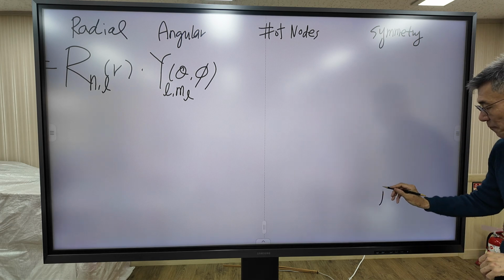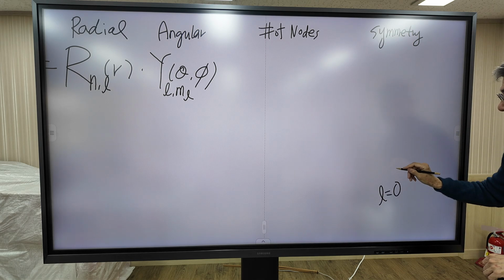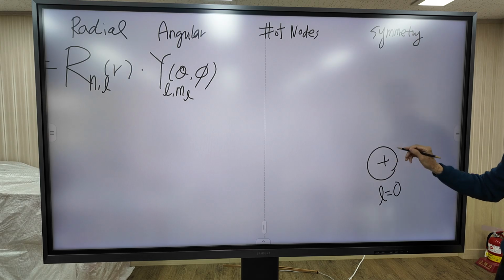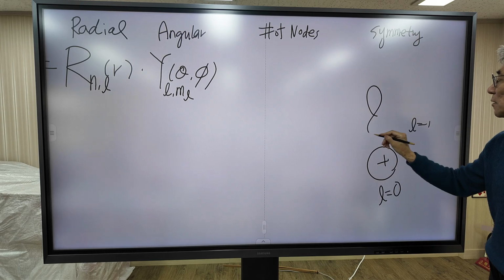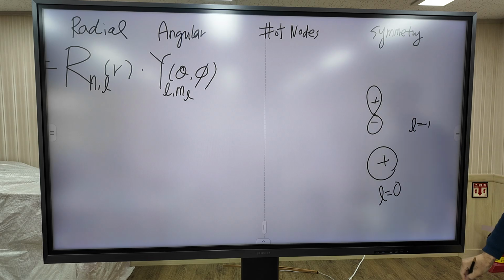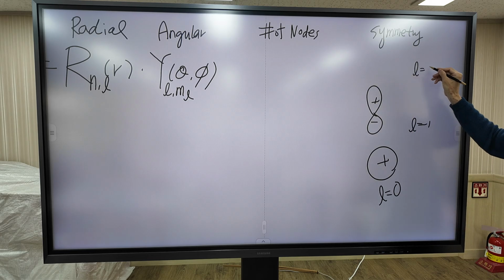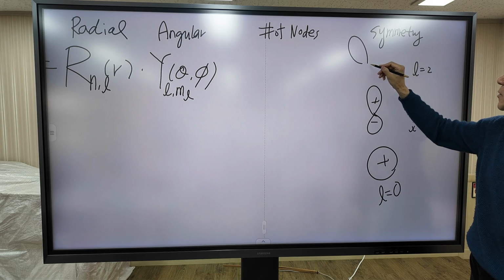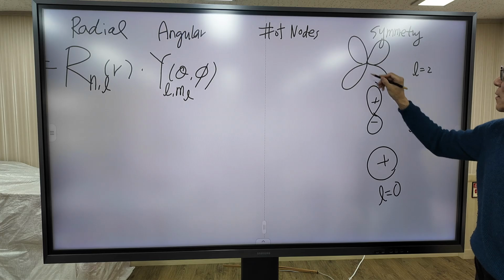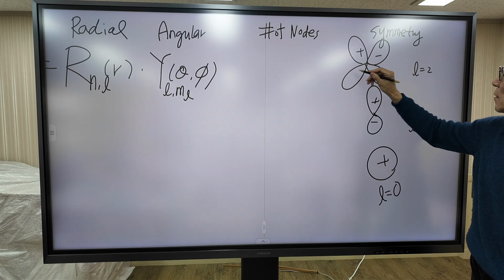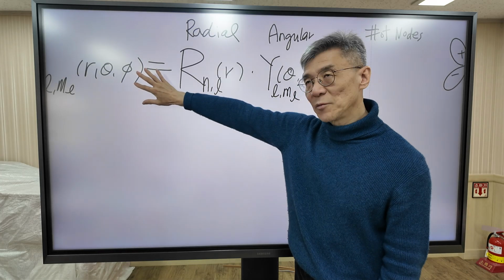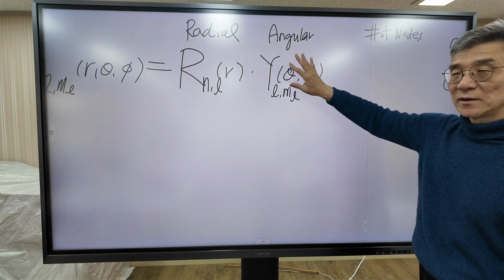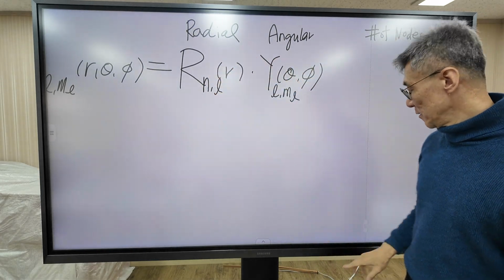When l equals 0, which is the s orbital, it looks like this. For l equals 1, it is the p orbital, and l equals 2, it is the d orbital. The shape of these atomic orbitals only depends on the angular part, not on the radial part.